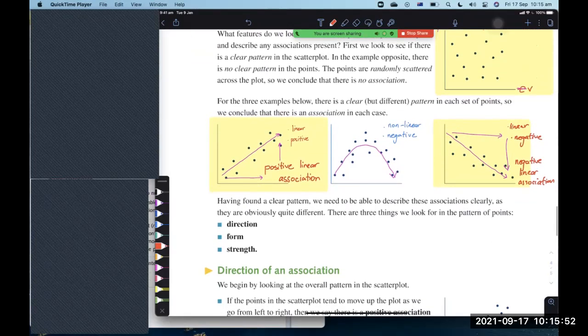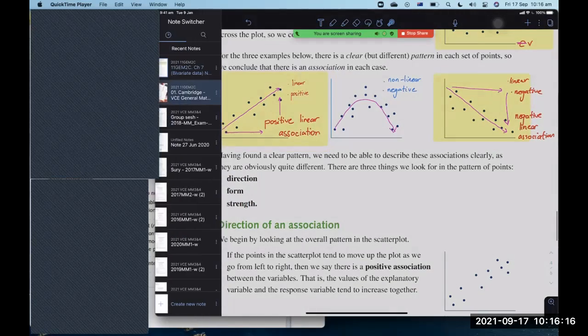Nothing new, nothing fancy. Now, I've mentioned two things so far. However, I have not mentioned the strength. So you can see here, we've got direction and form, but I have not mentioned the strength yet. And we'll start to look at this idea of strength very soon.